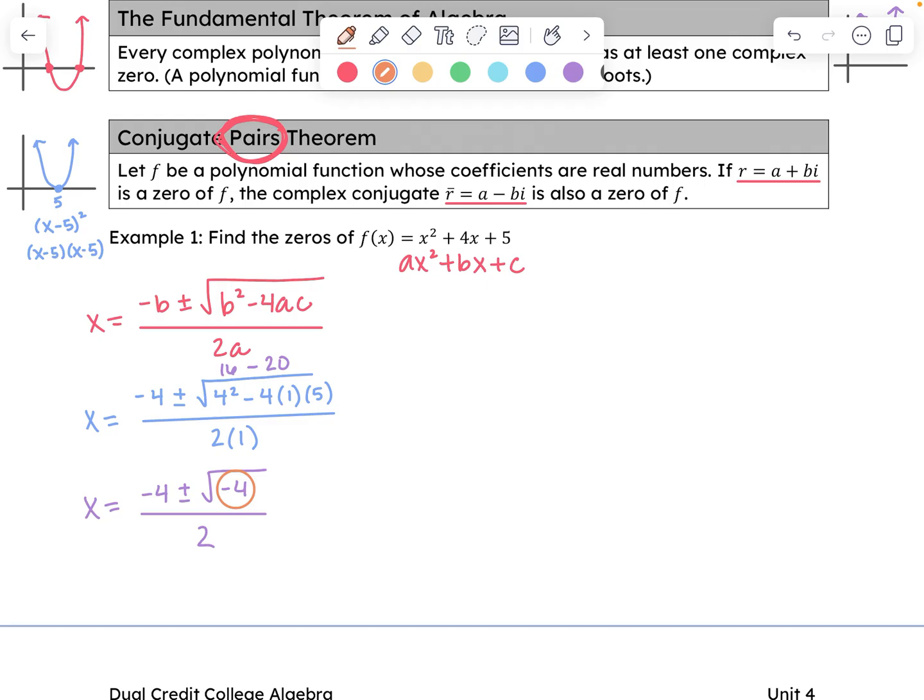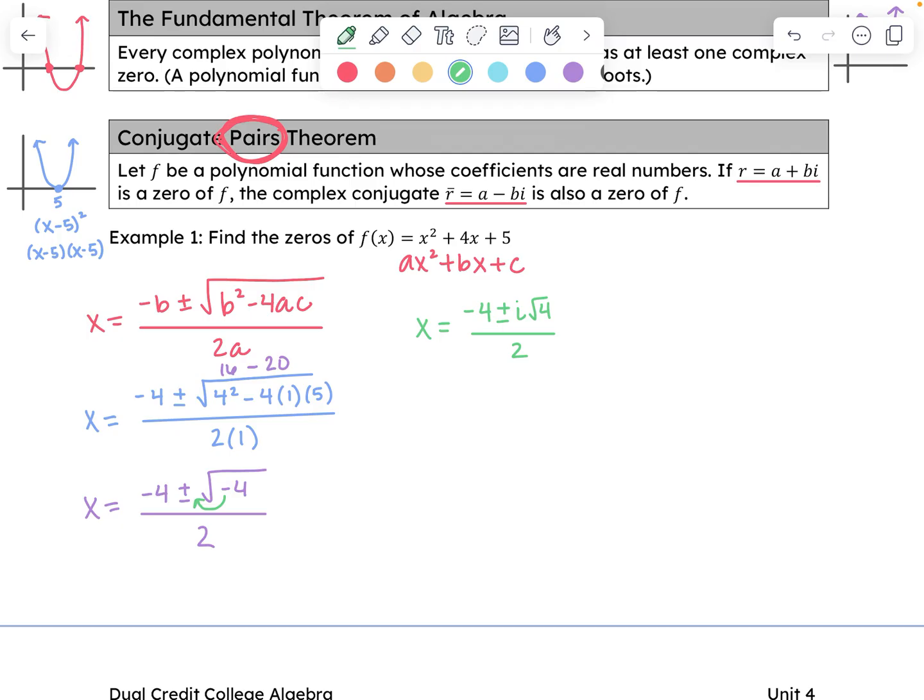Square root of a negative number is how we get complex numbers. So what you do is anytime you have a negative number, you're going to bring the negative out and make it an i. So I'm going to have x is equal to negative 4 plus or minus i square root of 4 all over 2. And then I'm just going to solve it like I normally would.